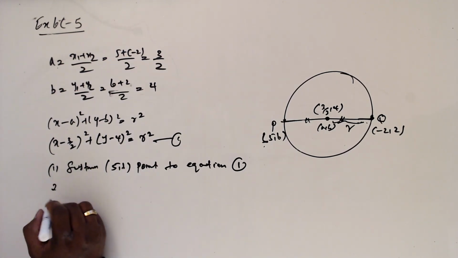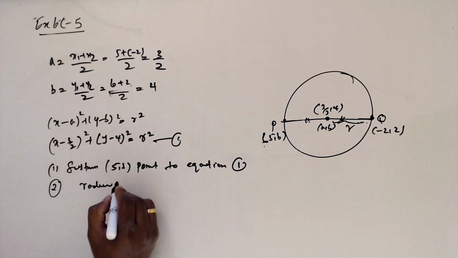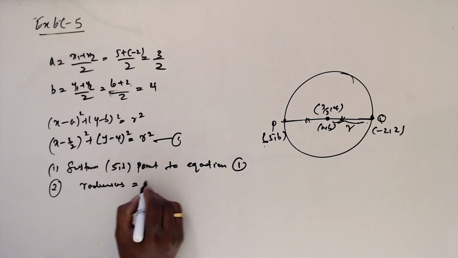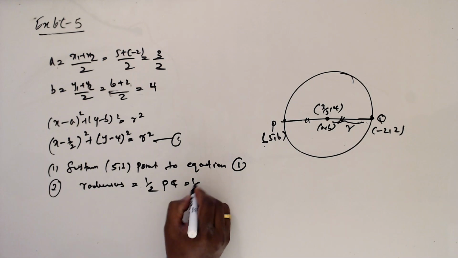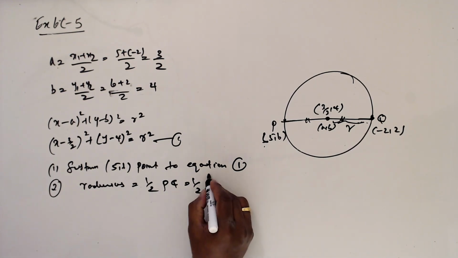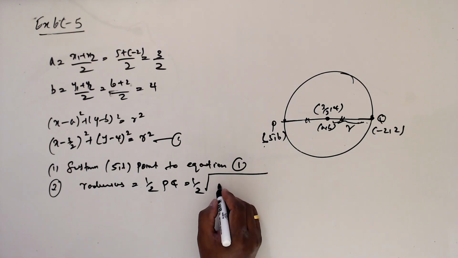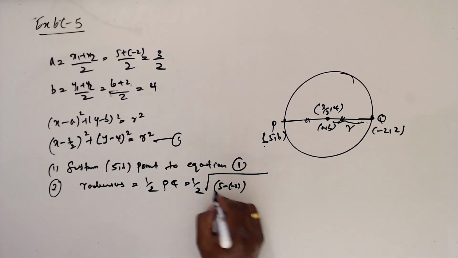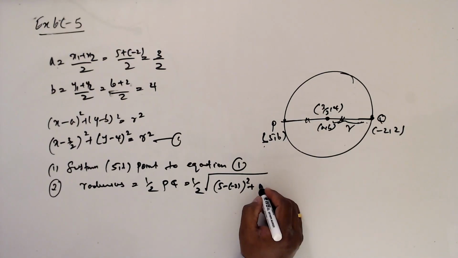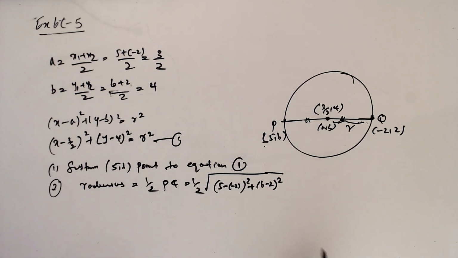Another method is half of PQ. So radius is half of PQ. So half of PQ means square root of (x1 minus x2) square, (5 minus minus 2) square plus (6 minus 2), (y1 minus y2) square.